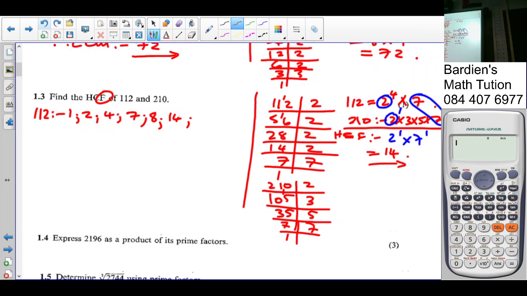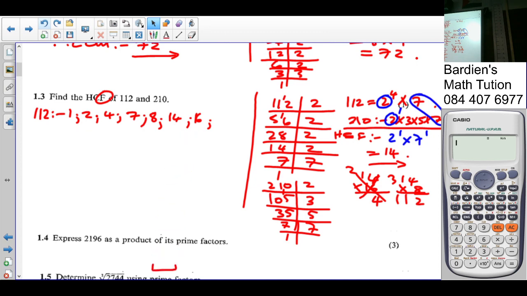Not so? 14, 16. Right. So 14 times 8 is 112.